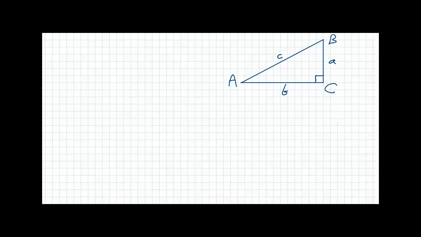So if we have a right triangle ABC, our ratios with respect to angle A are as follows. Sine A is equal to the opposite side over the hypotenuse, which is a over c.